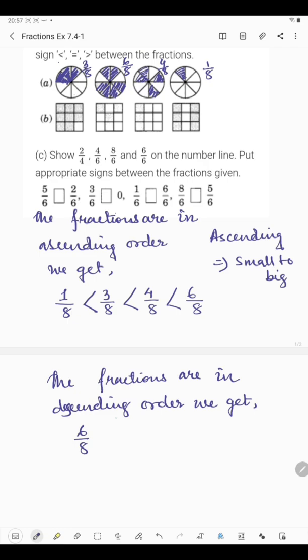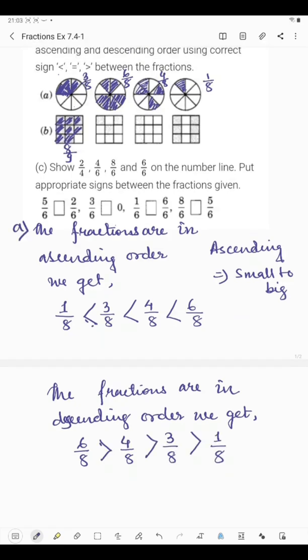Now coming to the B part. In the B part we have 1, 2, 3, 4, 5, 6, 7, 8, 9. Total 9 parts we have, and out of 9 parts 1, 2, 3, 4, 5, 6, 7, 8, 8 parts are shaded, so it will become 8 by 9.